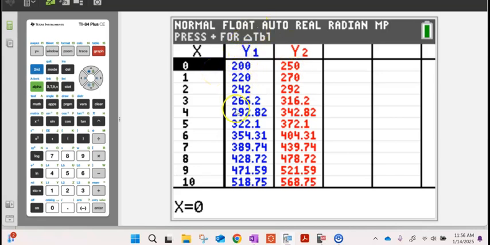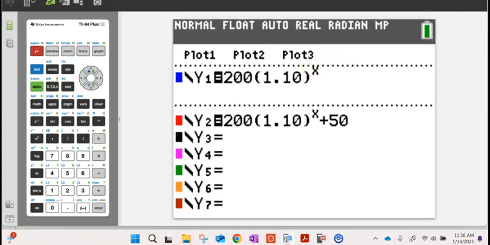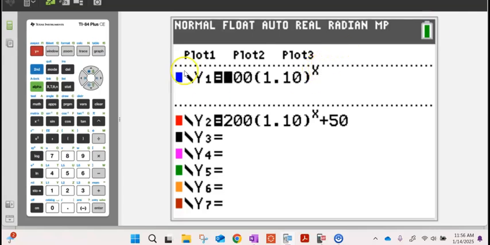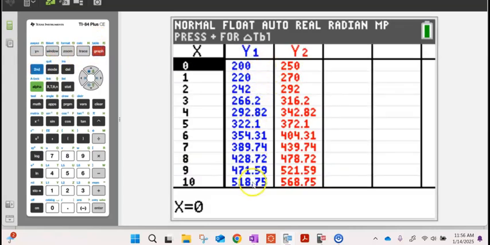So this equation right here, the blue numbers, let me show you. Those blue numbers are that 200, that initial amount, times 1.10 with an exponent. That right there is just the function rule that we found initially. And those values right here in the table line up exactly with those values that we found for that whole entire function rule for the first example.